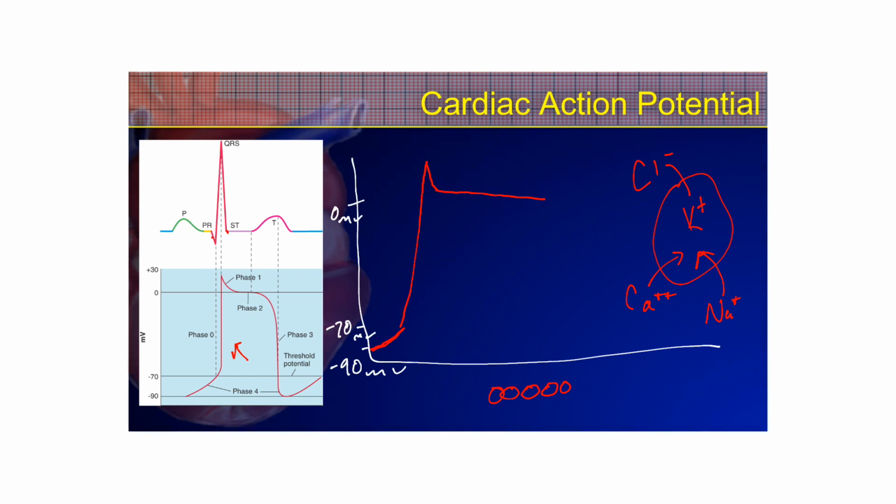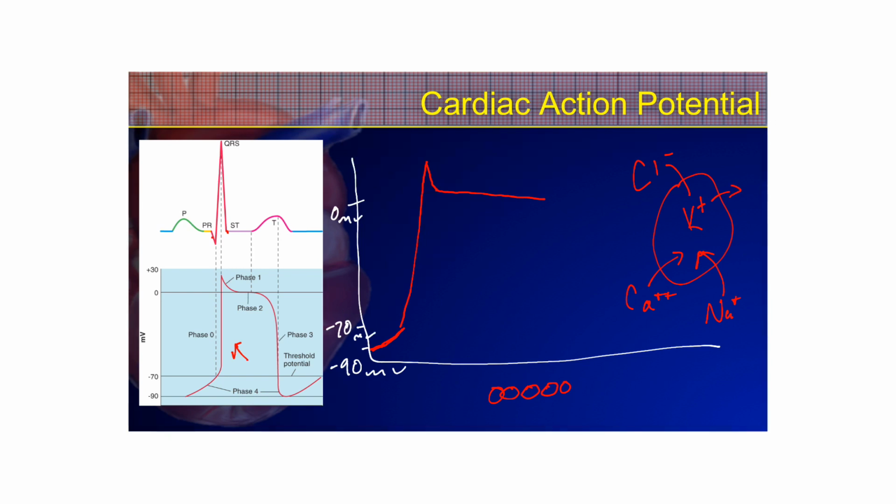In phase 2, this is the plateau phase. It's kind of straight across. It's the longest phase of the action potential, as you can see in the picture. Sodium and calcium slowly enter the cell, while potassium flows out of the cell. So still sodium and calcium coming in, potassium coming out.